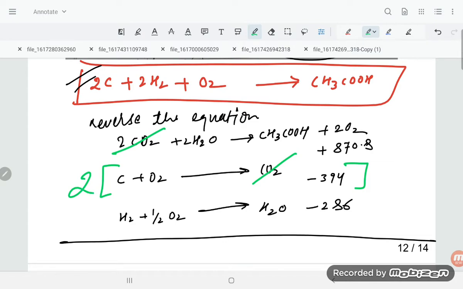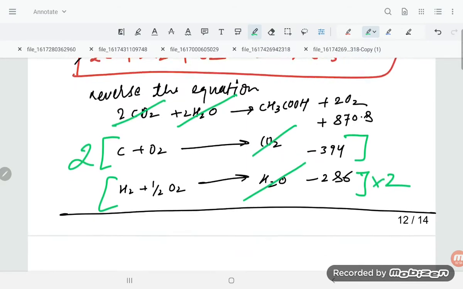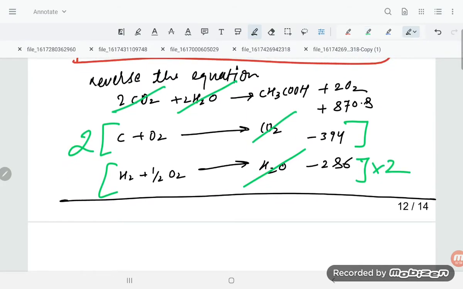Now water is not required in this equation. So 2 water molecules are here, and here is only 1 water molecule, so you multiply this equation by 2 also. Then the 2 water molecules will cancel out. So now let us try to solve the equation. CH3COOH plus 2O2 is there on this side, and 2O2 on the other side, so this cancels out.